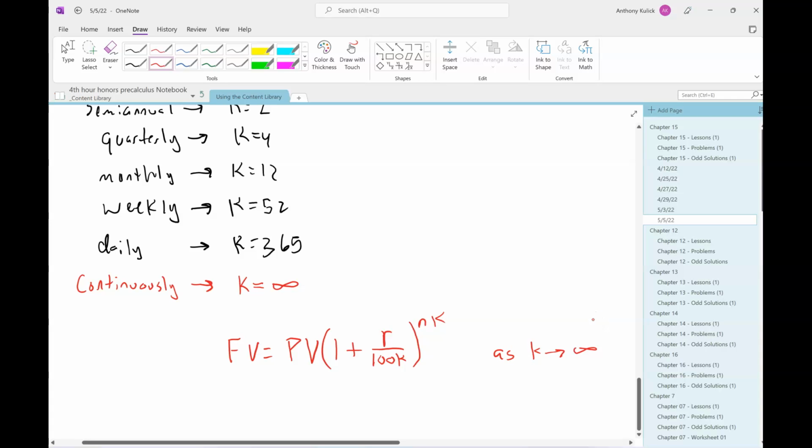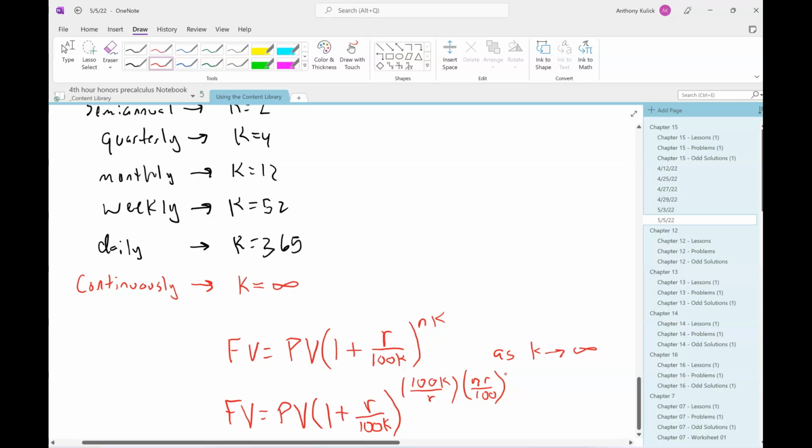So we're going to be looking at this, right? Everybody cool? So far, so good? All right, I'm going to do one sneaky thing here. Well, maybe I'll do more than one sneaky thing. But the first sneaky thing I'm going to do is rewrite that exponent, nk, as 100k over r times nr over 100.